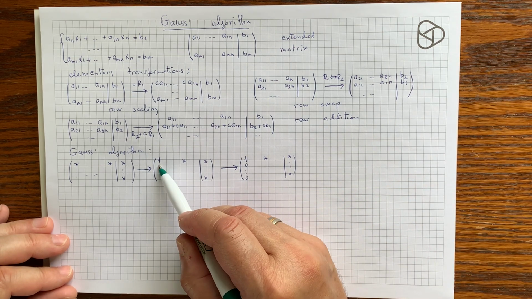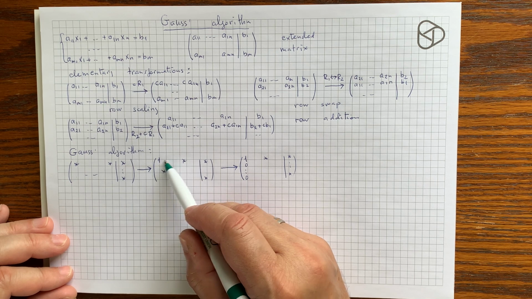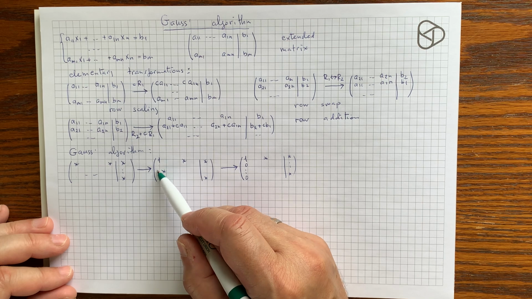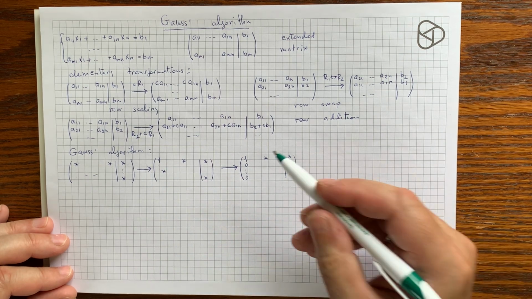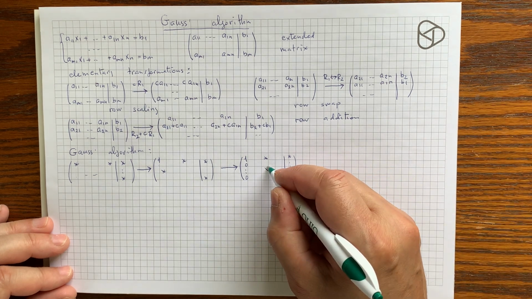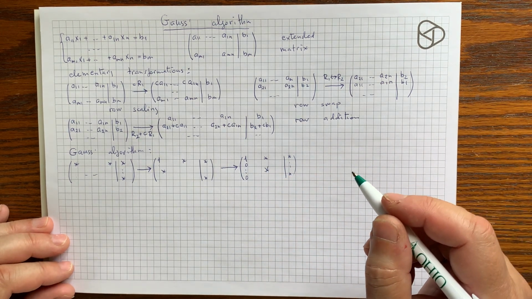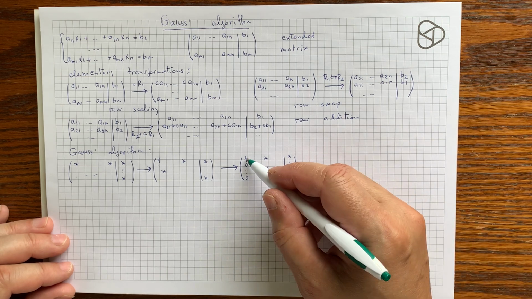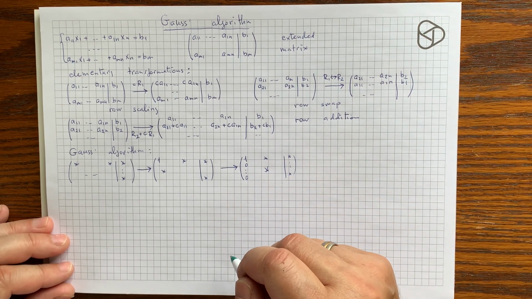Whatever happens to sit in here, I can make 0 by multiplying the first row by that very number and subtracting it from the second. And all others are done analogously. So that is the first step of Gauss's algorithm to transform the first column into this shape.